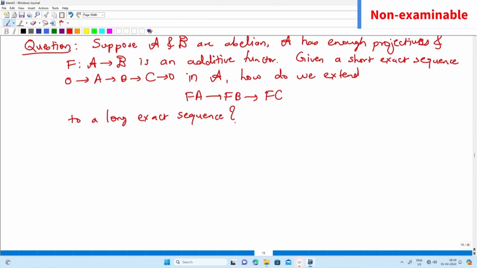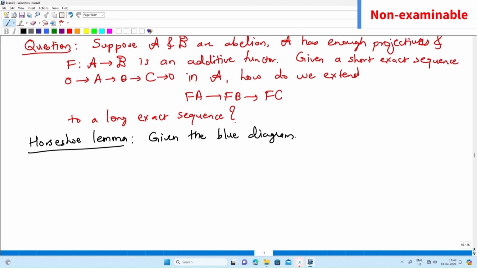Okay, so this is the question. And before we do anything, we will precisely use your idea and write this horseshoe lemma. Okay, so given the blue diagram, and I have to draw the blue diagram now.